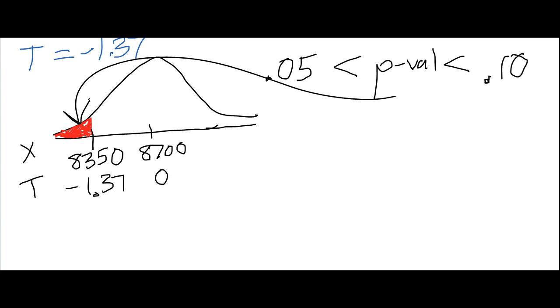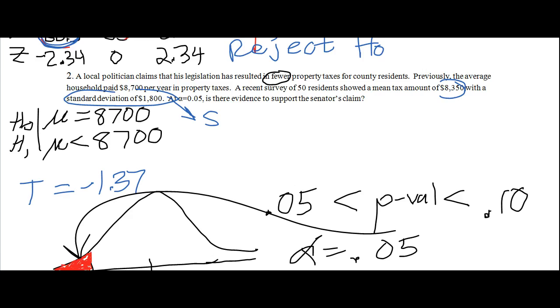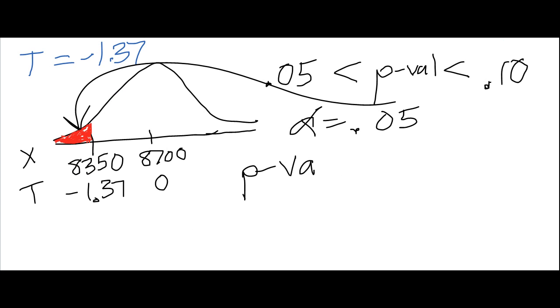So what does that mean in terms of whether or not we reject our null hypothesis? Well, our alpha value is 0.05. And so no matter what, our p-value is going to be greater than alpha, because it's somewhere between 0.05 and 0.10.